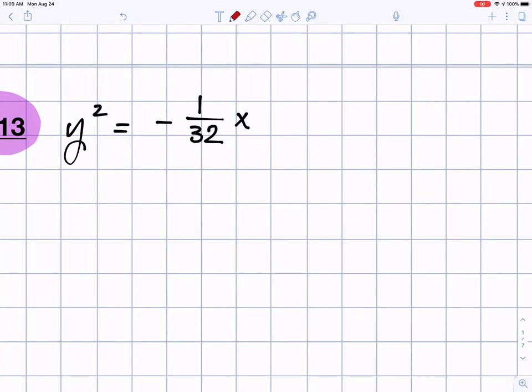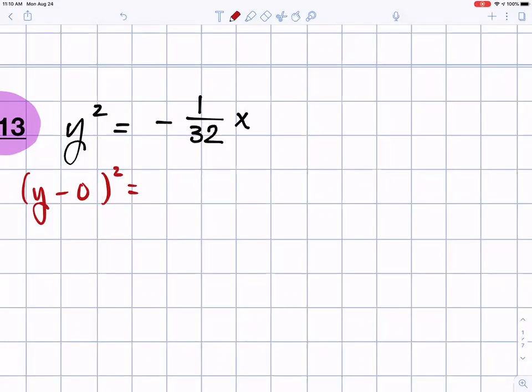How on the left side would you rewrite this? Y minus 0, Y plus 0. I don't care which one you say because they're the same thing. Quantity squared. Okay, is equal to, for right now, can we just leave that negative 1/32 alone? Let's come back to that.